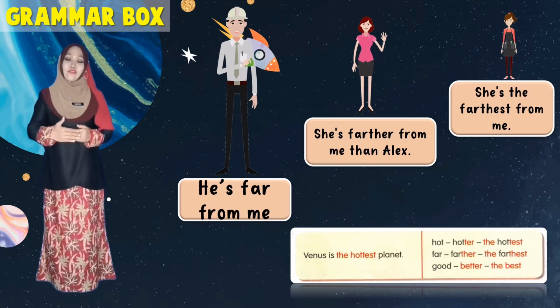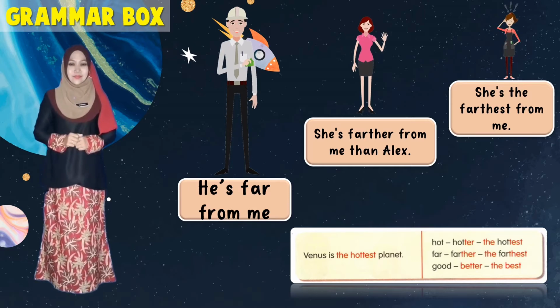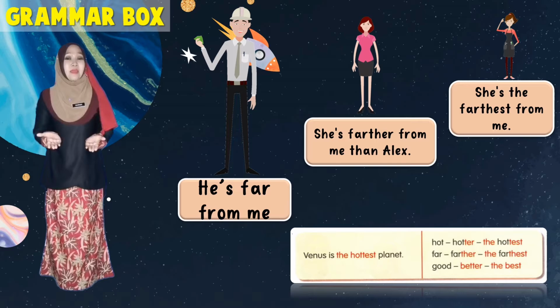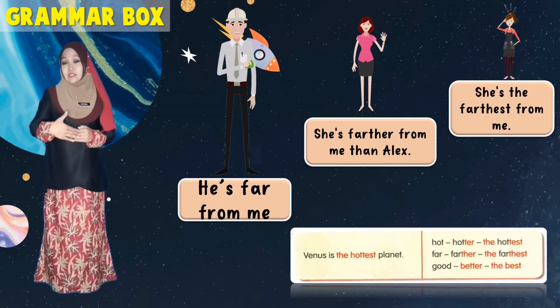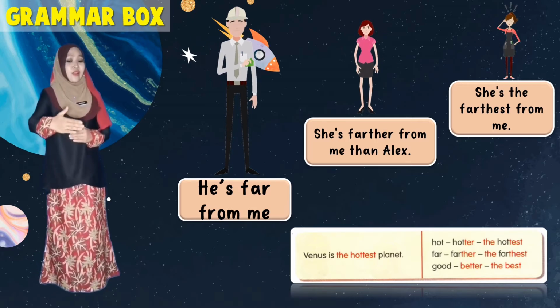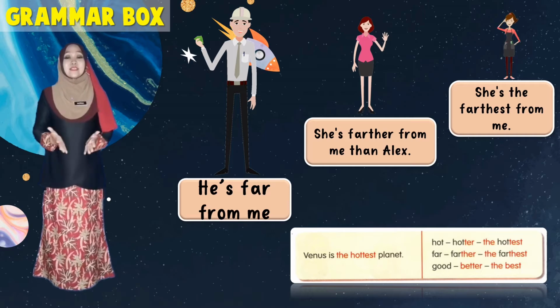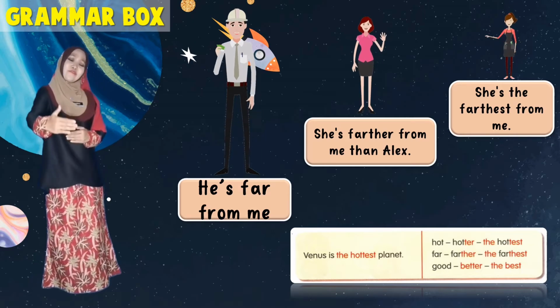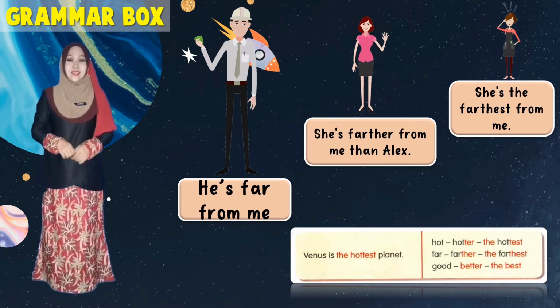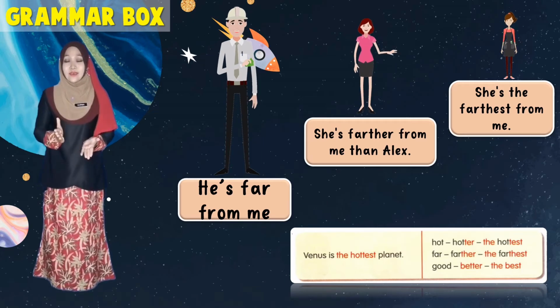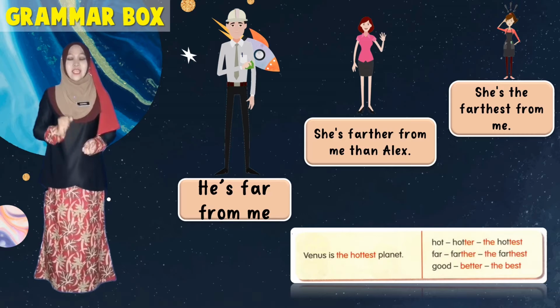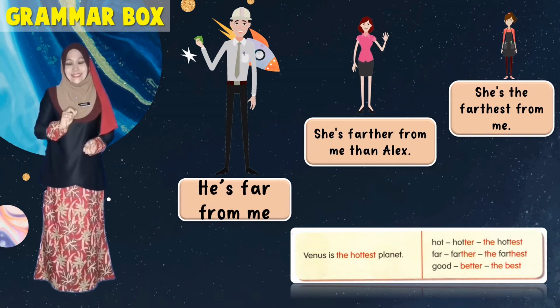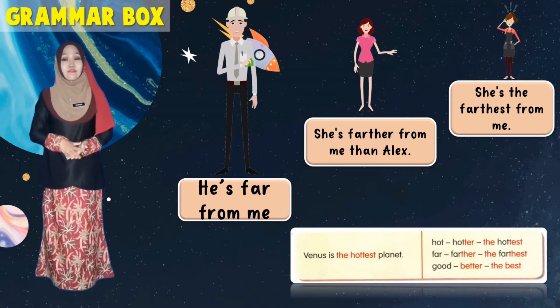Next, far. The comparative adjective for the adjective far is farther, and the superlative adjective for the adjective far is the farthest. We write the before the adjective, and we write est at the end of the adjective far.